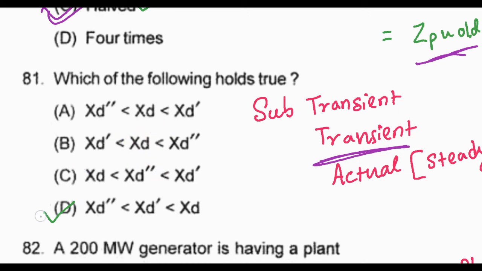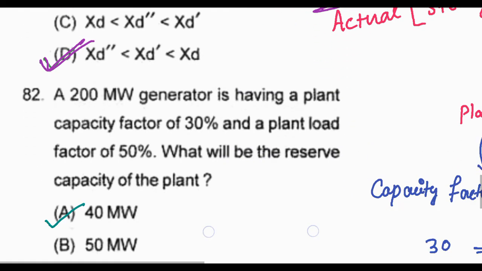So this is the relation: the sub-transient direct axis reactance is less than the steady state reactance for an alternator or synchronous generator.